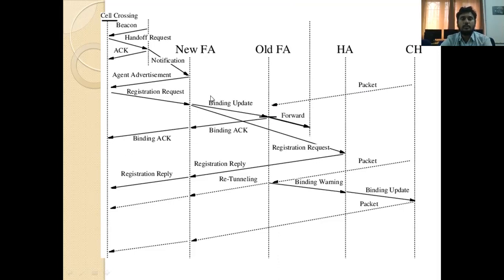So the mobile node is changing its address. So the old FA identifies the new address and sends an update to the HA. That's why correspondent node in this way sends data packet to the mobile node.